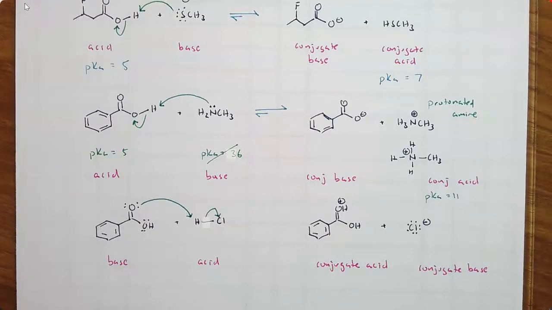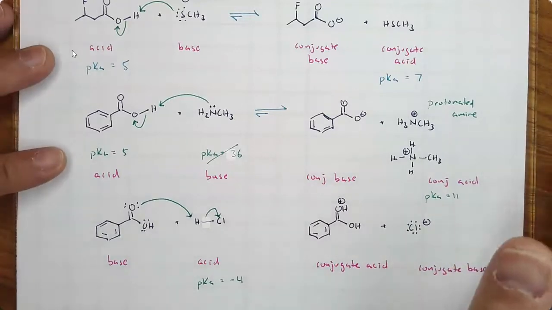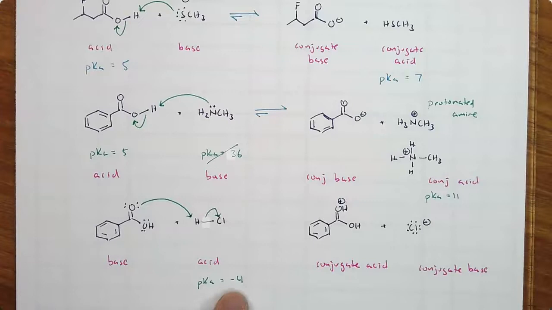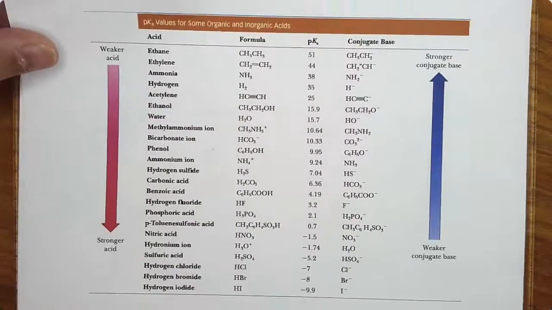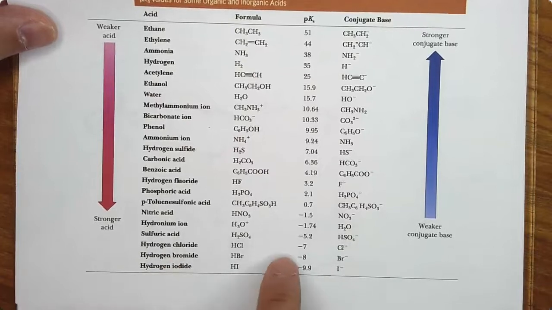If you recall, this has a pKa of, in my chart, -4. Just a reminder, these pKa values can vary quite a bit from pKa table to pKa table. In my table, it's -4, but I have one from the textbook, and I believe HCl is here. Whoa. So that's a little bit different.